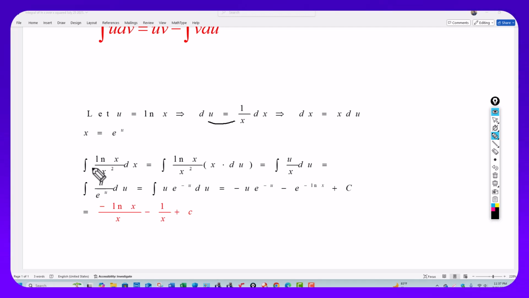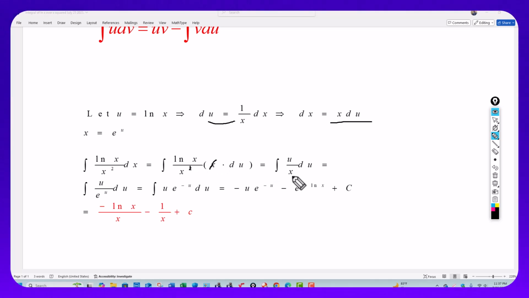And then I start with the integral here: the integral of ln of x over x squared dx. And then in the next step, I replace the dx by x du. And then in the next step, I went ahead and canceled one of these, so one here and one here.